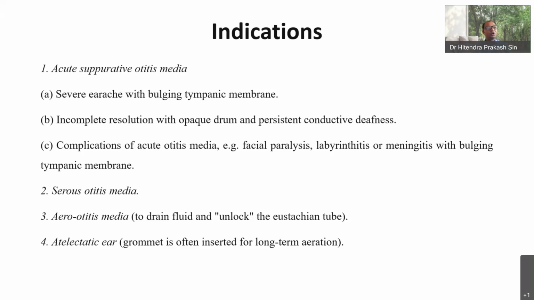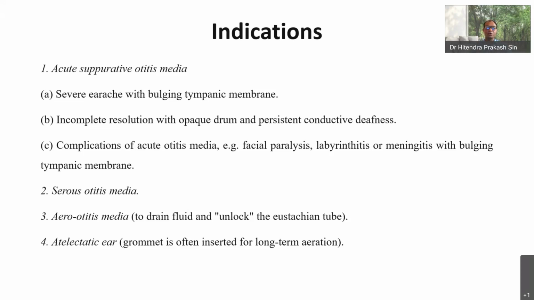In cases of non-suppurative inflammation, like serous otitis media, the serous fluid is to be drained. In cases of aerotitis media, the other name is barotitis media. Baro means because of pressure changes, the eustachian tube gets blocked. So there is a collection of fluid, and we have to drain the fluid and unlock the eustachian tube.